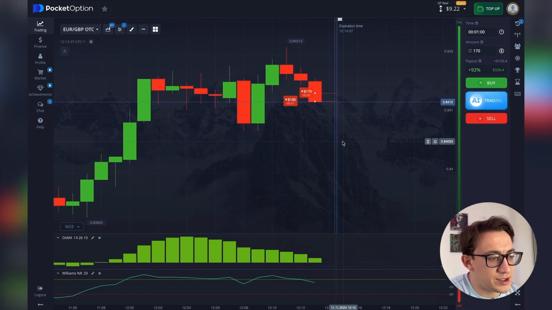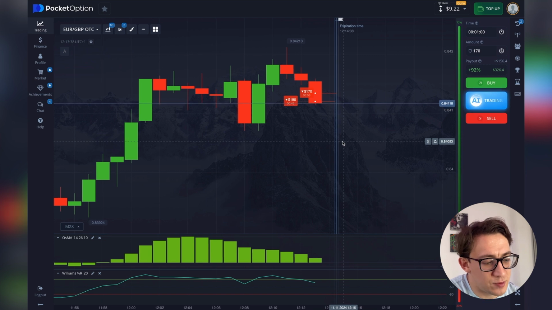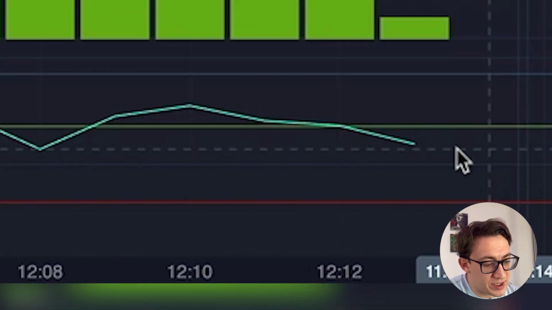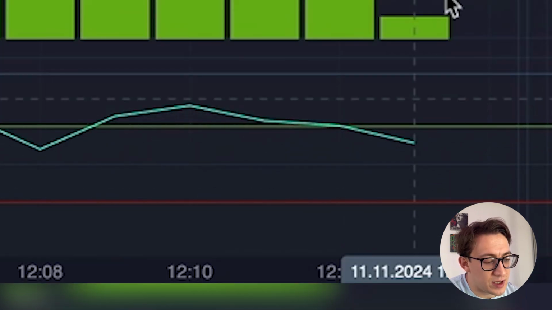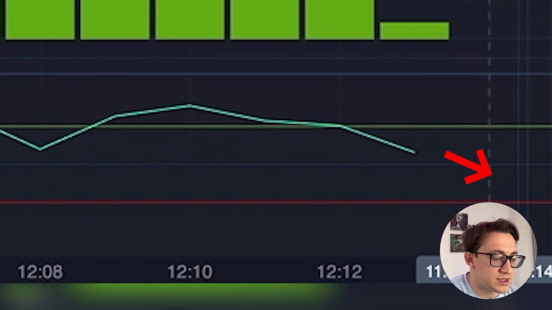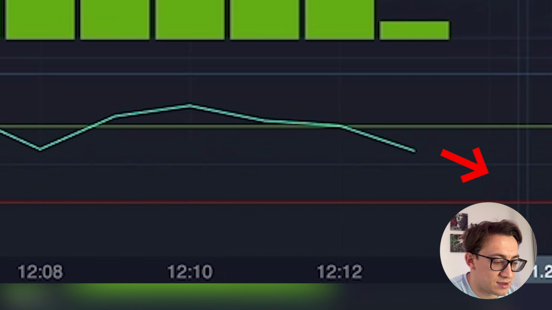And so I entered the EUR/GBP currency pair, and let me explain in detail. The Williams indicator shows us the curve line intersecting the support line and directed downward, and it's a really clear signal.